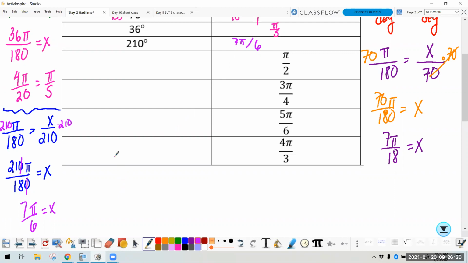Okay, so now let's go the other way. If you like this proportion system, it will work regardless if you're given radians or degrees. So like for pi over 2, I'm going to say pi radians is to 180 degrees. Now I'm given radians, I'm missing degrees.